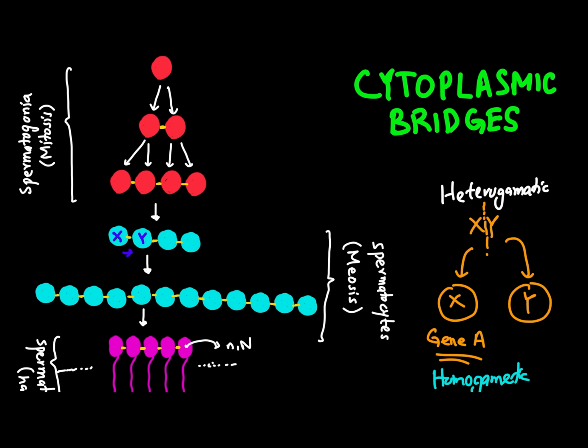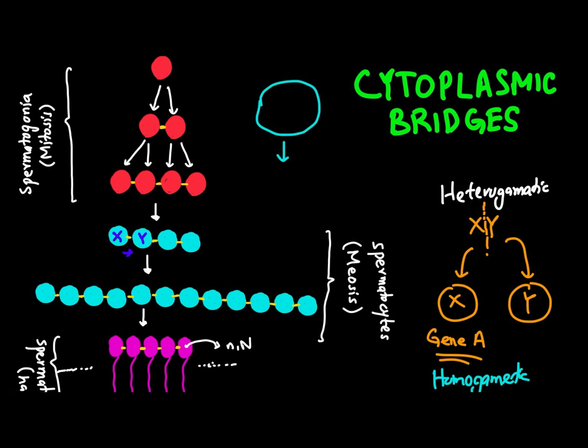Now, the presence of cytoplasmic bridges relates to the cytokinesis process. Cytokinesis is the final stage of cell division that happens after mitosis. During this process, the cytoplasm divides and one parent cell splits into two daughter cells. For example, this is a big cell.